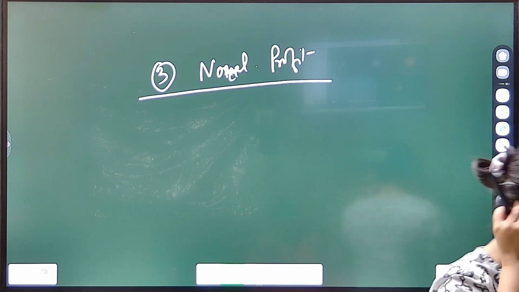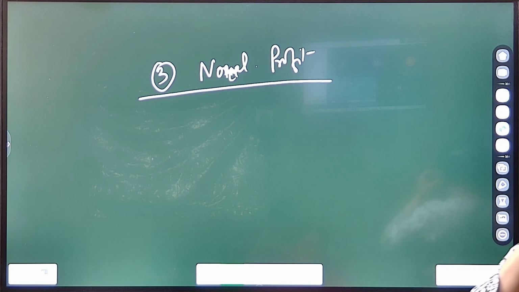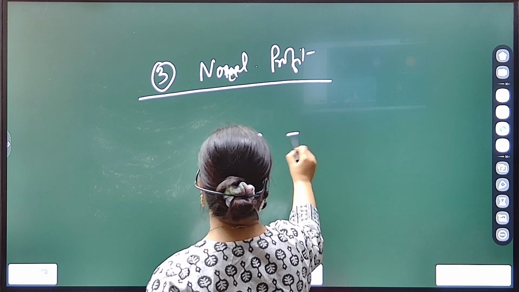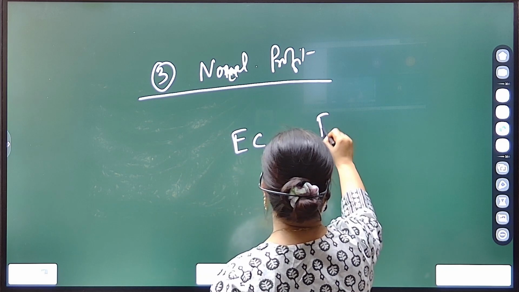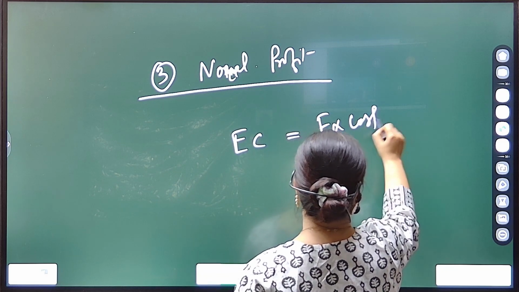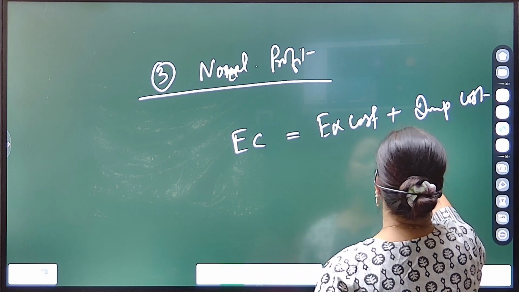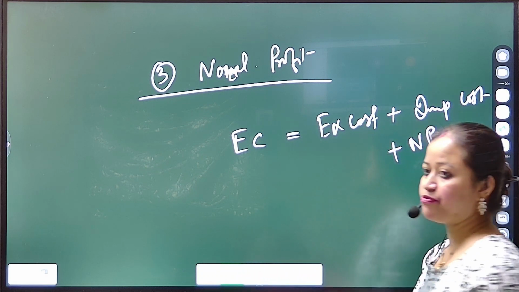Now we can say economic cost equal to explicit cost plus implicit cost plus normal profit.